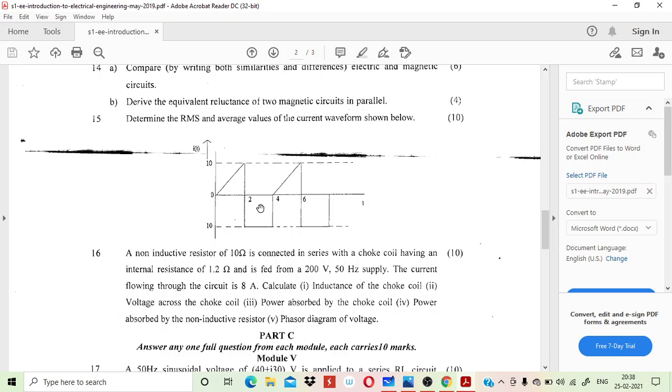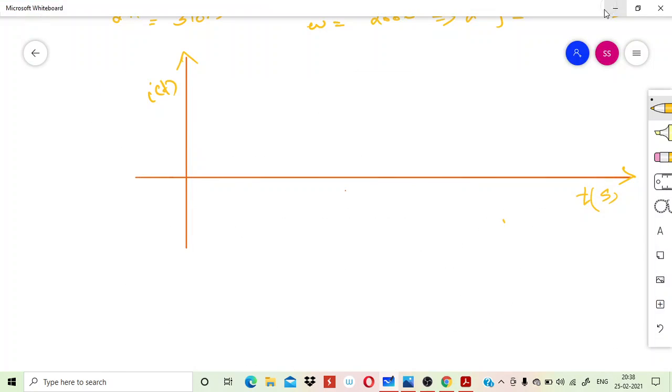Yes, 0, 2, 4, 6, like that. That means when it is 0 and 2, then 4, then I have 6, then I have 8. And from 0 to 2, I have a waveform like this.